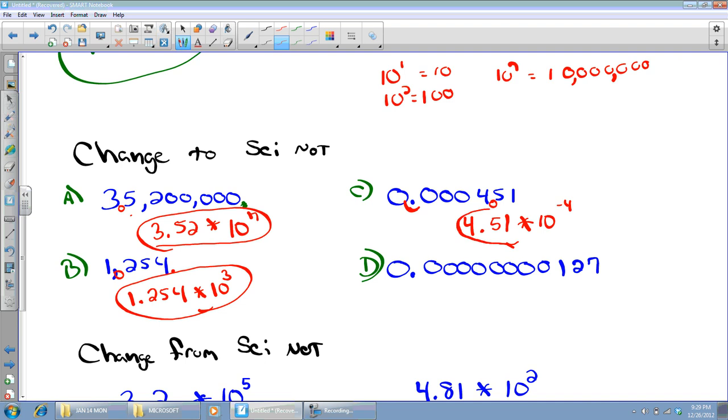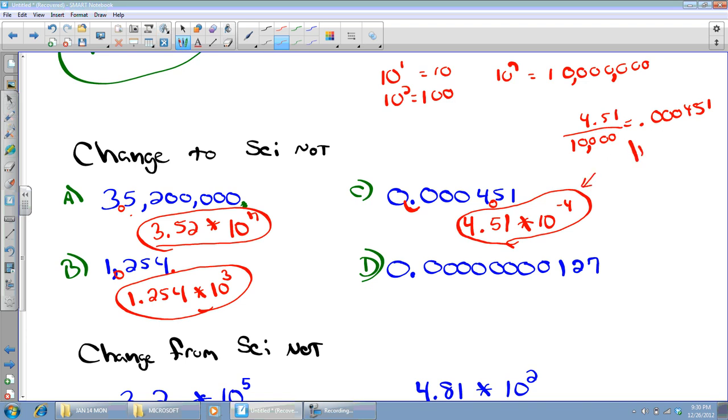I want it to be a tiny number. As you know, the negative exponent means use the stairs. So this would be the same as 4.51 over 10 to the fourth power, which is 10,000, right? And when I convert that to standard notation, that's going to become quite small, like that.